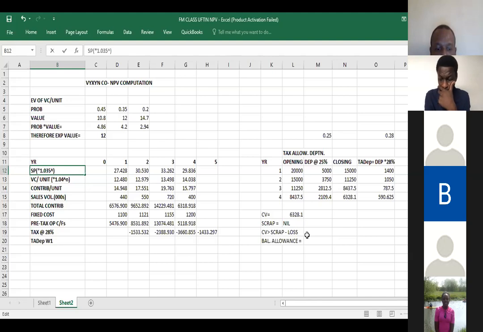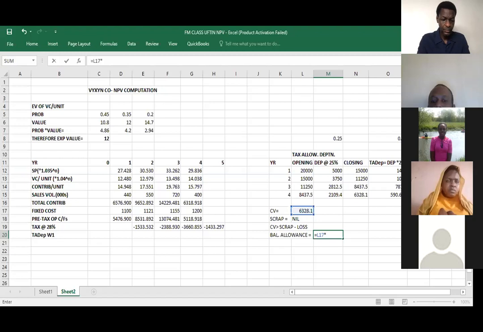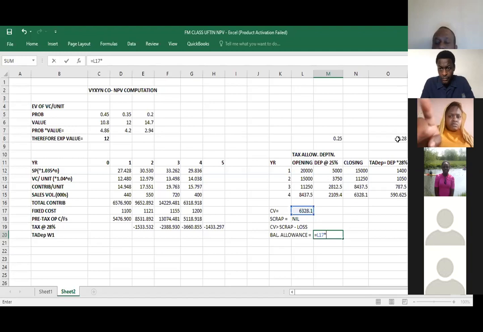Okay, so our allowance is our carrying value multiplied by our tax rate. And so we have those figures. So we are good to go. So we can come to our tax allowable depreciation for the working, and pick all those figures.